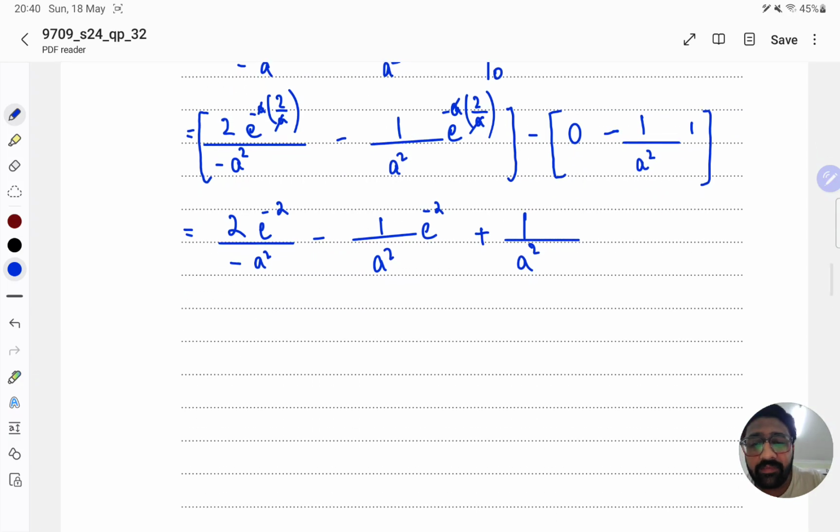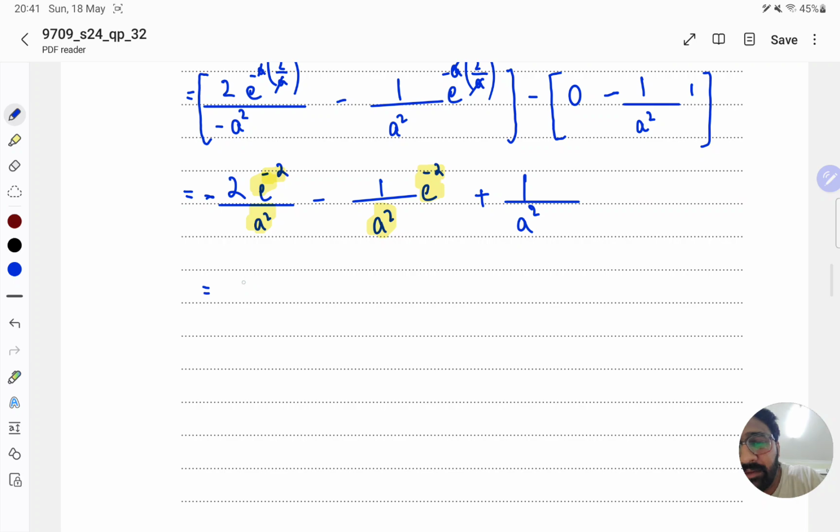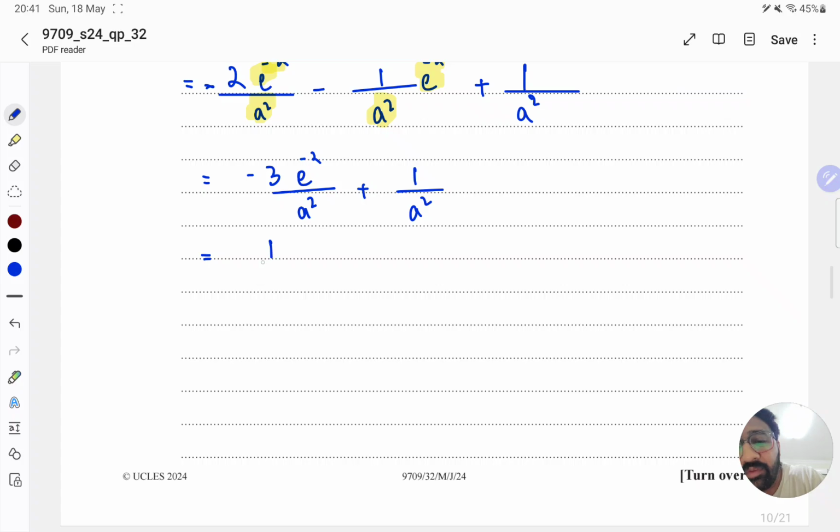Now if you look at the first two, let me change this negative from here to here. These are the like terms. So minus 2 and minus 1 will become minus 3 e raised to the power of minus 2 divided by a square plus 1 over a square. 1 over a square is common.